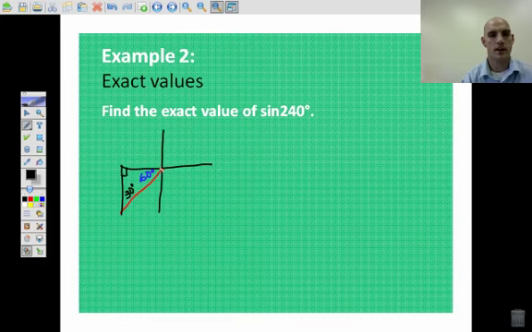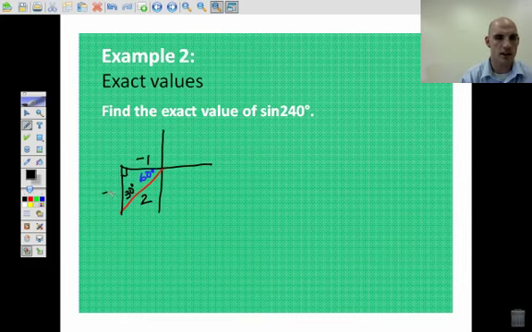If I have a point on this graph, I'm going to say this will be -1 here. Okay? And so if 30 is across from -1, then my hypotenuse has got to be 2, because we know that r is always positive and it's going to be twice the measure of the short leg.